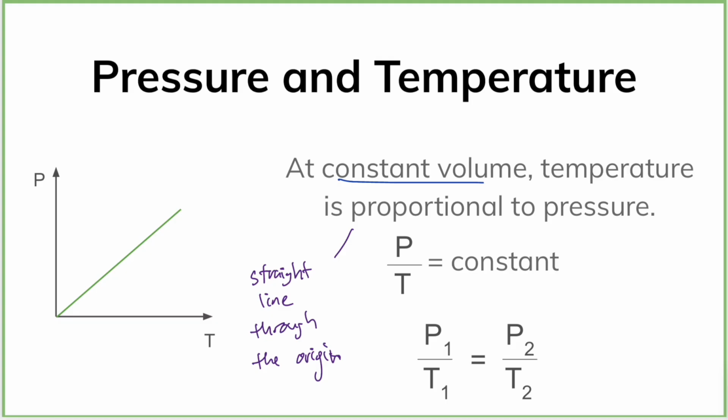Again, through a series of careful experiments, measuring pressure and measuring temperature, this law was established. For practical use, we can use a formula where the initial pressure over the initial temperature equals the final pressure over the final temperature, as long as the volume is constant and it's a fixed mass, so there's no losing gas.